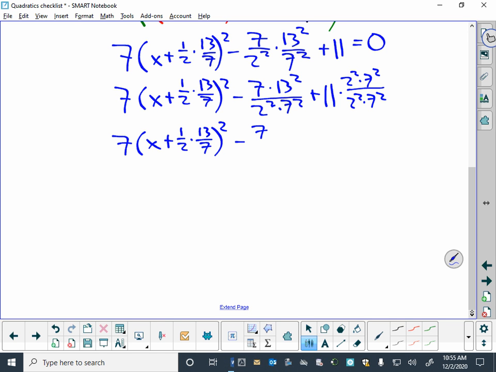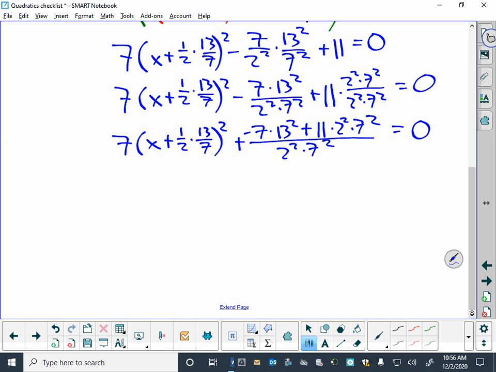I'm going to change that to a plus negative 7 times 13 squared plus 11 times 2 squared times 7 squared, all over 2 squared times 7 squared. Looks like a mess right now, but all these things are still equal to 0. This now is my vertex form though.